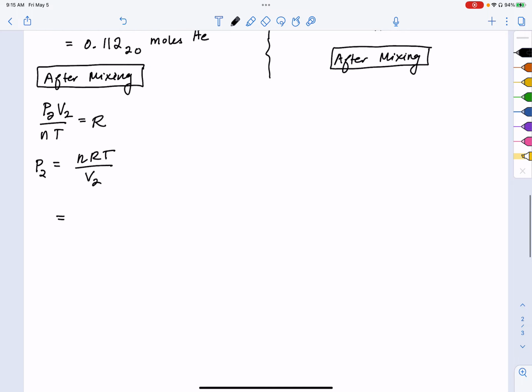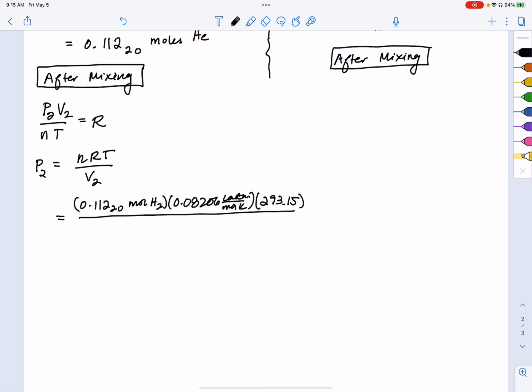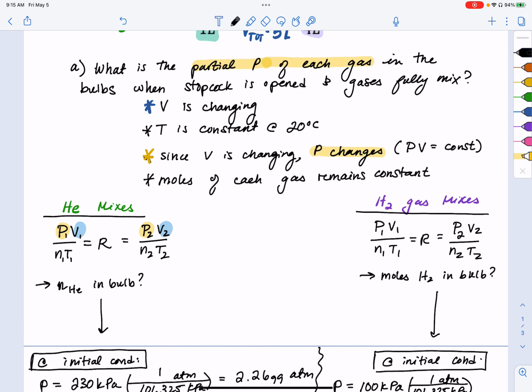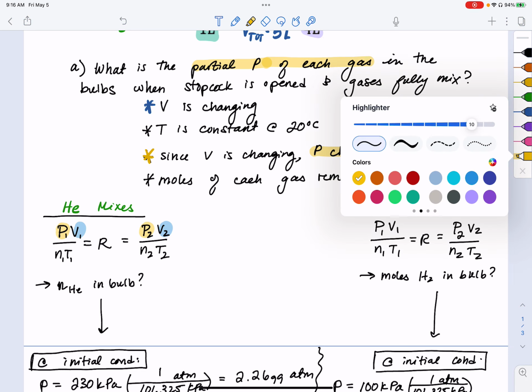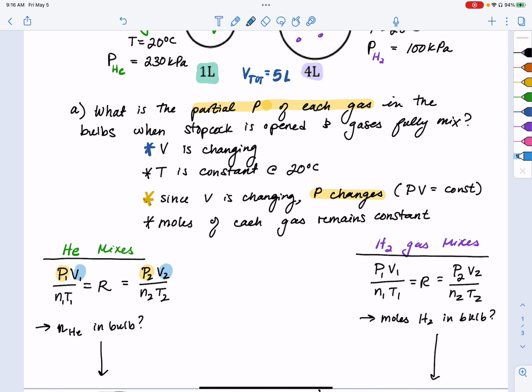Okay, I know my n, that is what I just solved for above, 0.11220 moles of helium gas, times R, 0.08206 liter atmospheres per mole Kelvin. Our temperature was the same, so 293.15 all over V2, and let's remind ourselves V2 is something that has changed, right? Once we've looked at after mixing, we're looking at a new total volume of 5 liters.